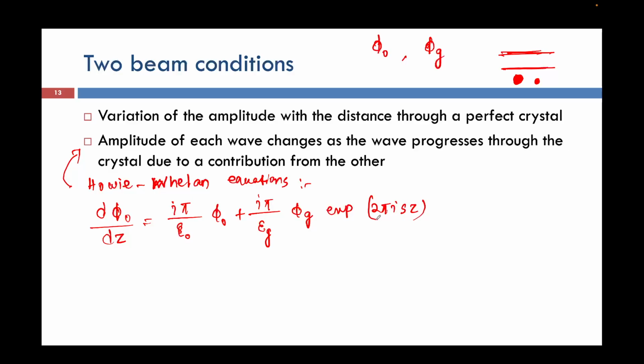This is one equation. If I am saying this is equation 1, it signifies the variation of amplitude of the direct beam with respect to the distance.